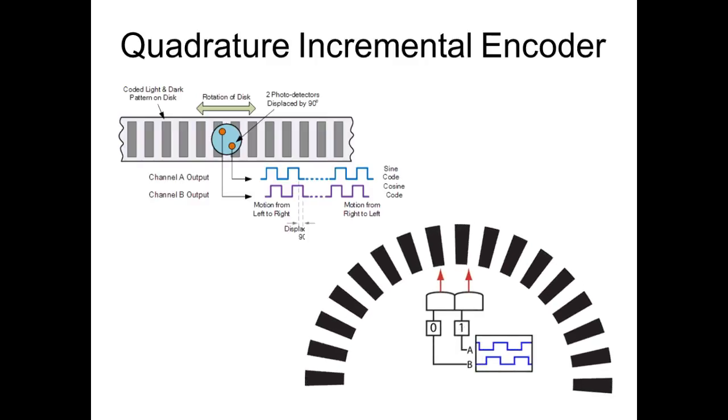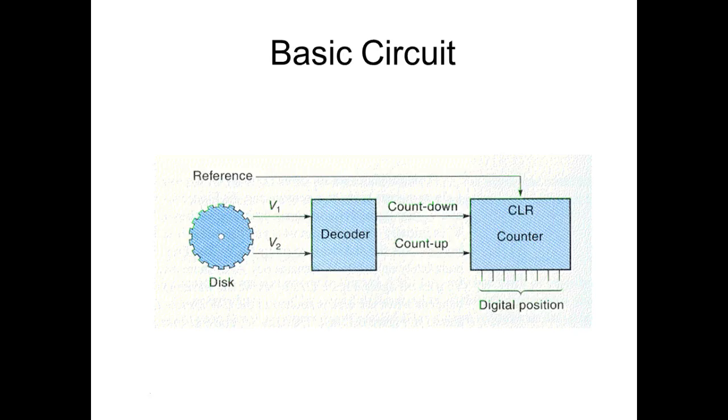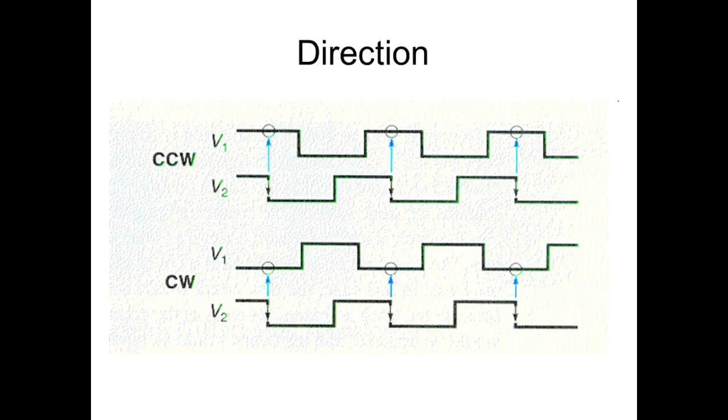So when you try to do your transfer function, we are looking at this. This is how they determine direction: they reference it to an edge. It doesn't make any difference, it's up to the electronics. All they're doing is referencing it to an edge.